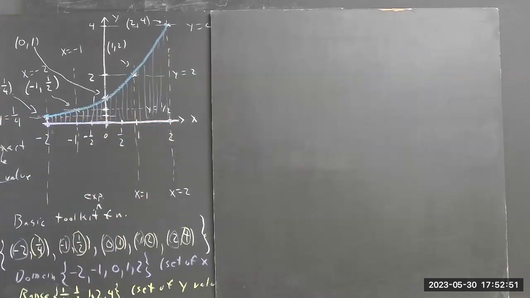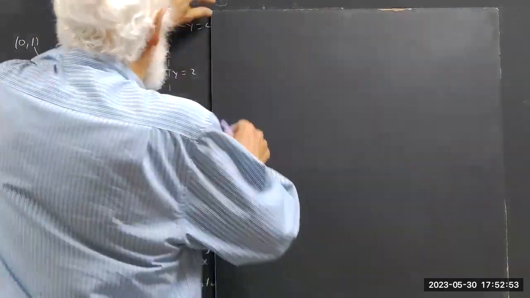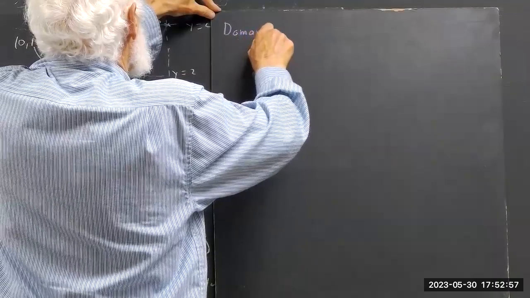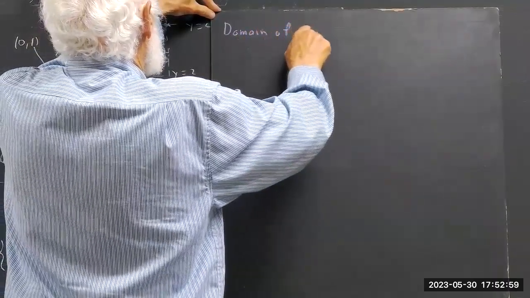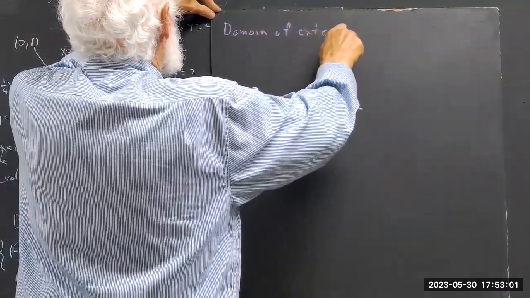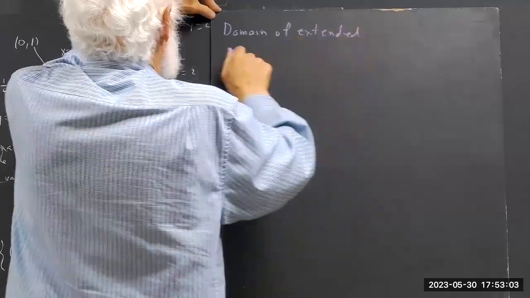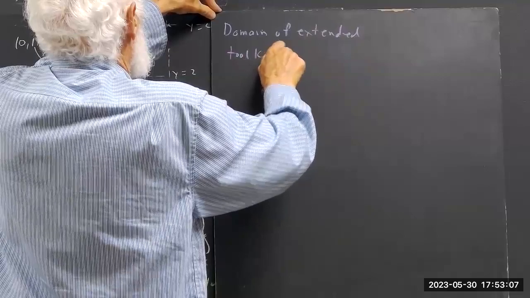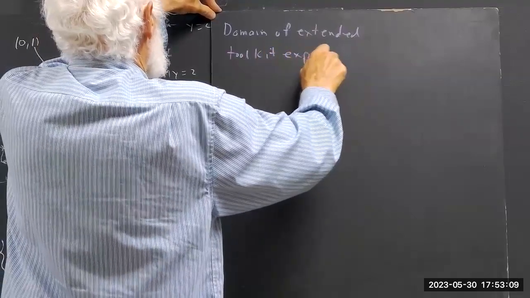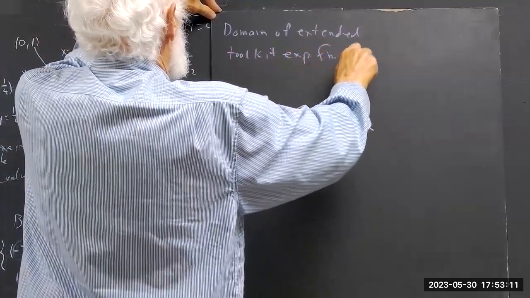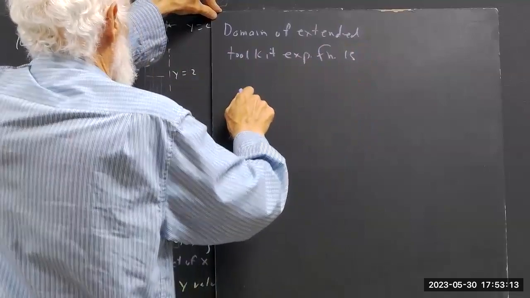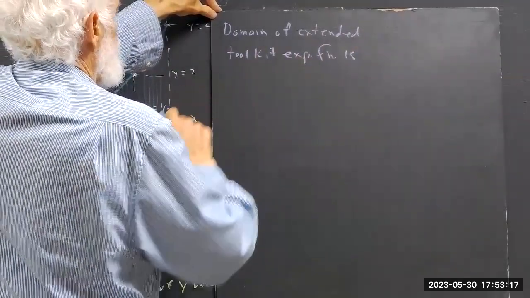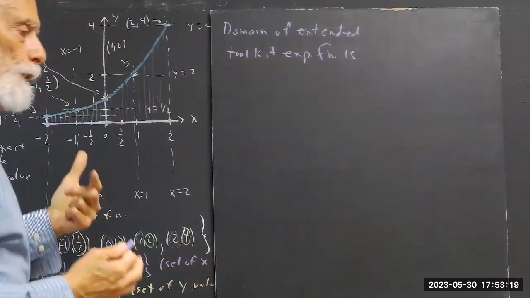So that the domain of the extended toolkit exponential function is... okay. Now, how do we denote this?